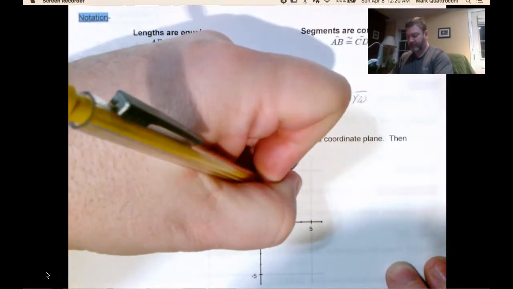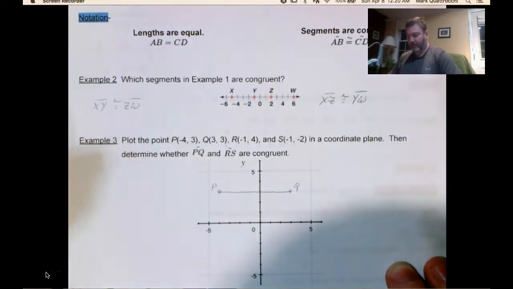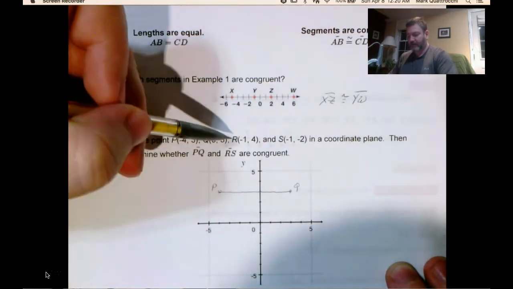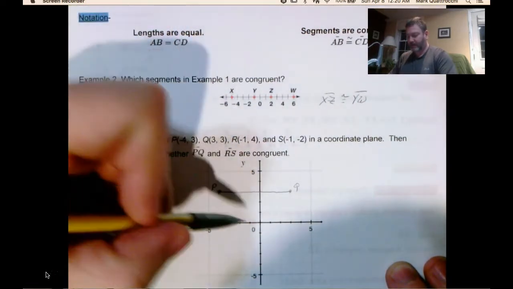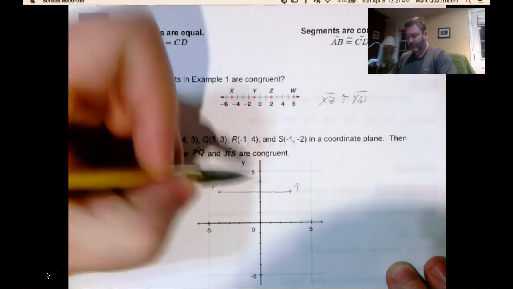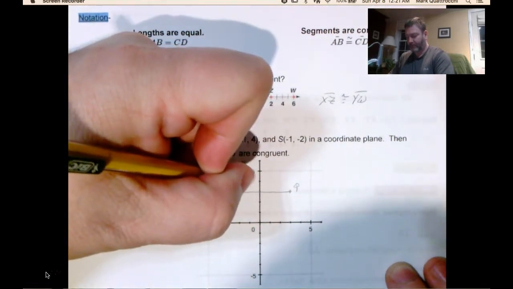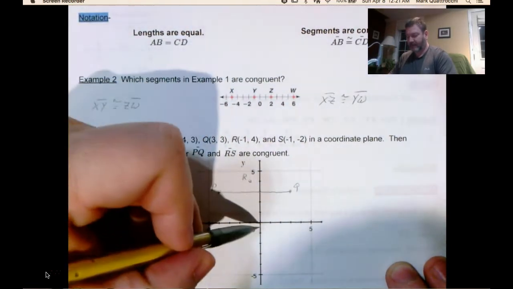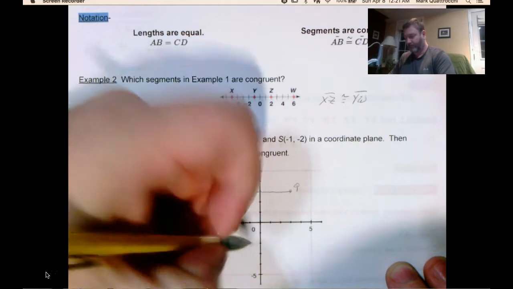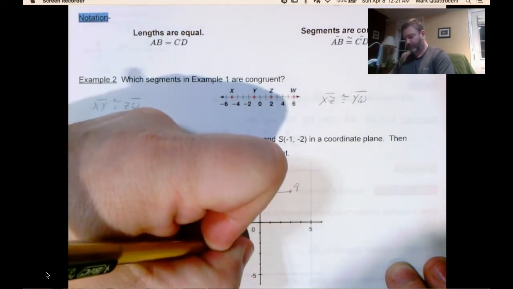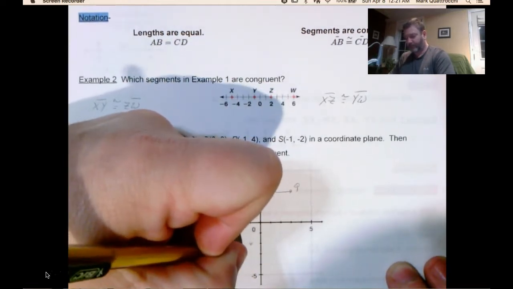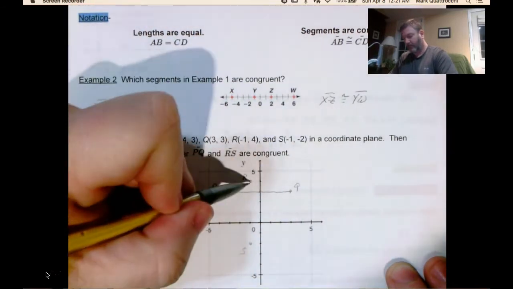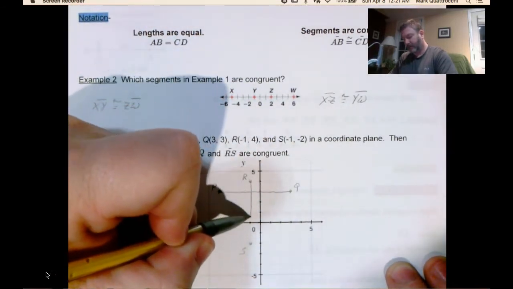So there's segment PQ. Segment RS, point R is at -1, 4. And point S is at -1, -2. There's segment RS.